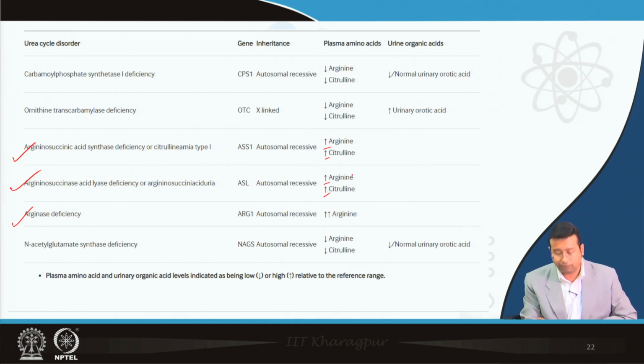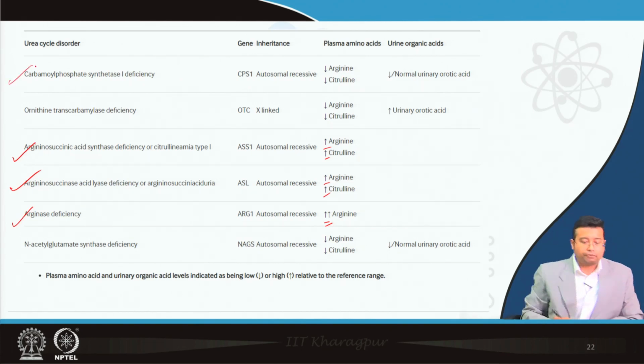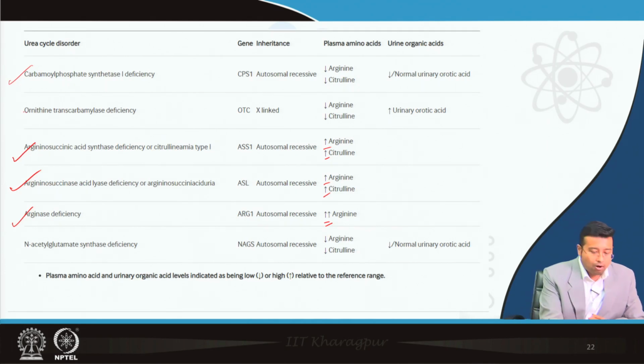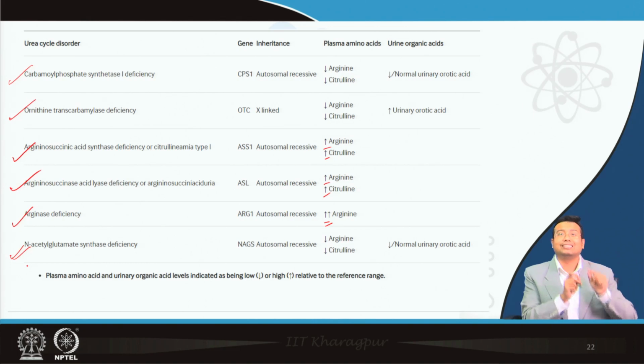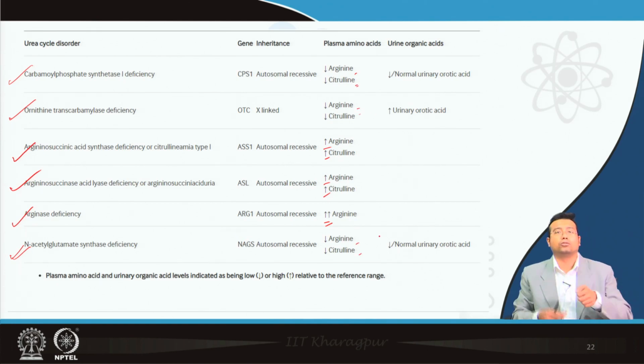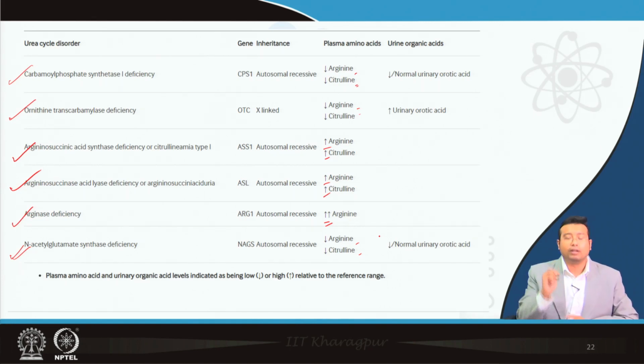In case of arginase deficiency, there is accumulation of arginine only, whereas the initial enzymes, that is carbamoyl phosphate synthetase 1 deficiency, ornithine transcarbamylase or N-acetyl glutamate synthase, the enzyme that synthesizes NAG, are characterized by decreased amounts of arginine and citrulline, very important. So, later enzymes: more arginine and citrulline; earlier enzymes: less arginine and citrulline, whenever we are measuring these amino acids in the plasma.